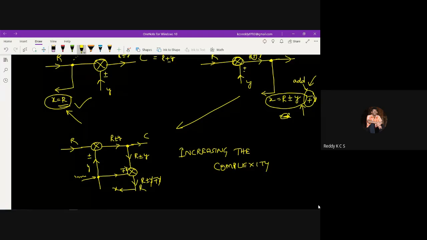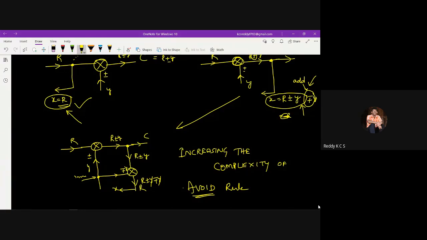As much as possible, avoid these kinds of critical rules, that is, shifting a takeoff point over a summing point. Try to avoid this kind of shifting. So this is one of the critical rules.